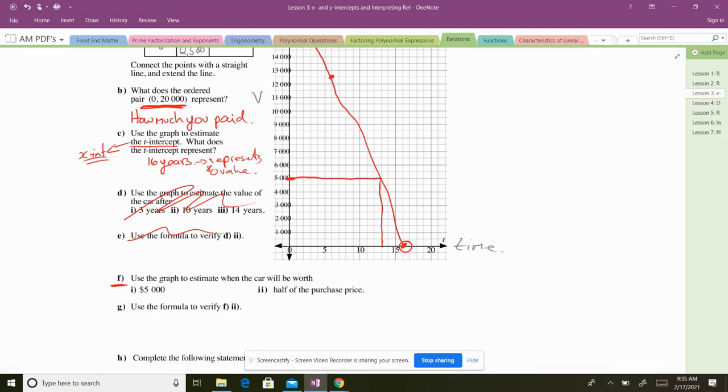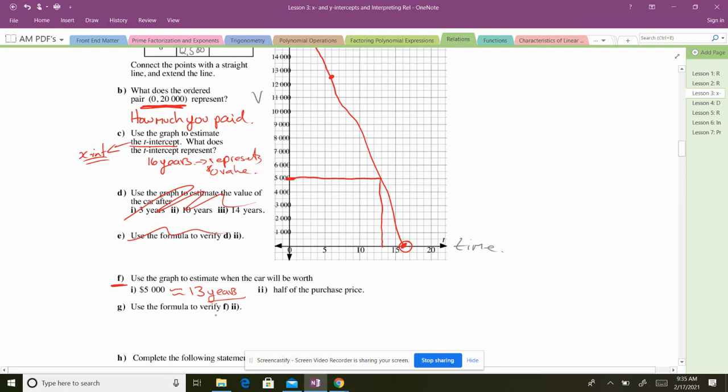So I'm going to say approximately, the wavy equal sign, right? Approximately, I'm going to say my graph says 13, but my graph is horrendous. It's okay. This is why we don't use the graph. I'll show you how you would normally do it. So 13 years.